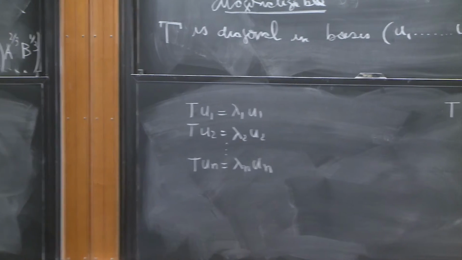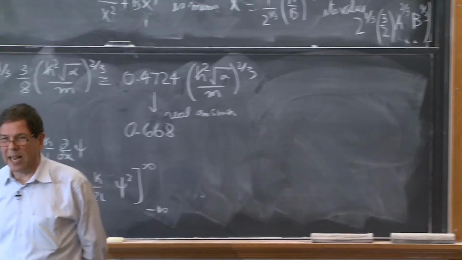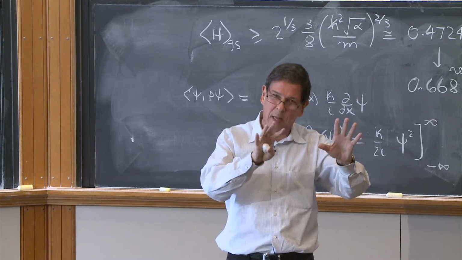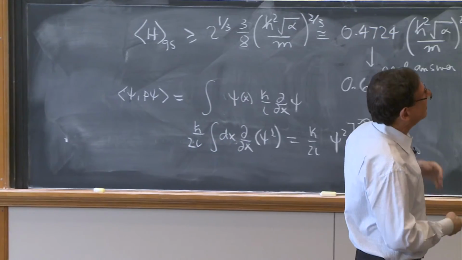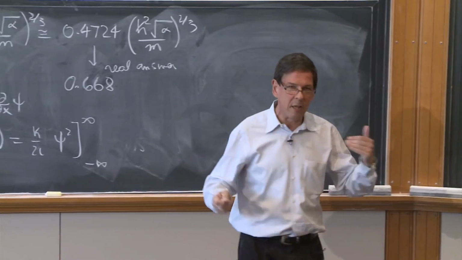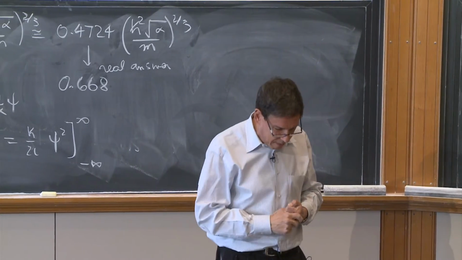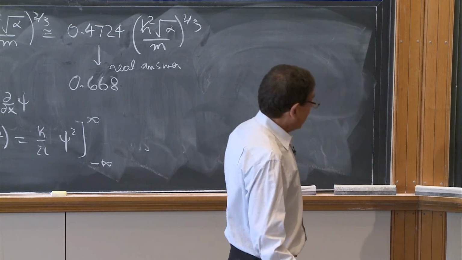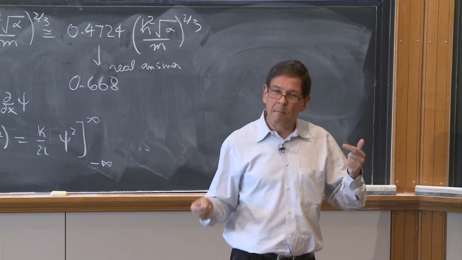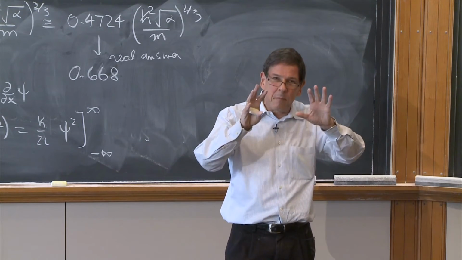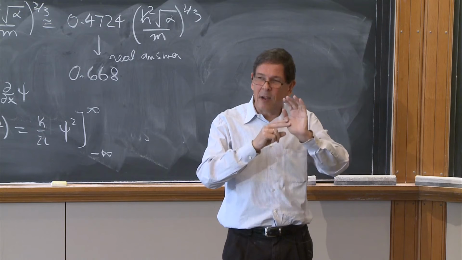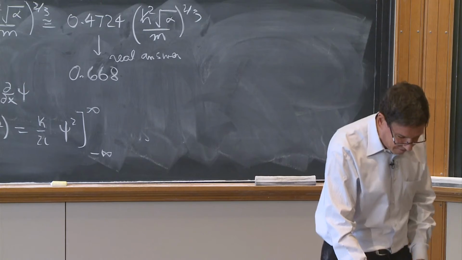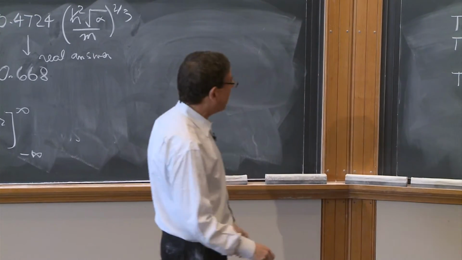So what you learn is something that maybe you thought was tautological, but it's not quite tautological. You learn that if you have a set of basis vectors in which the operator is diagonal, these basis vectors are eigenvectors of the operator. And then you learn something quite important, that an operator is diagonalizable if and only if it has a set of eigenvectors that span the space.